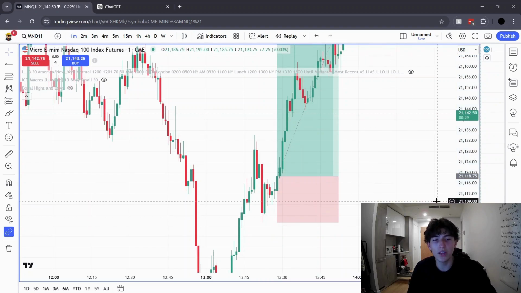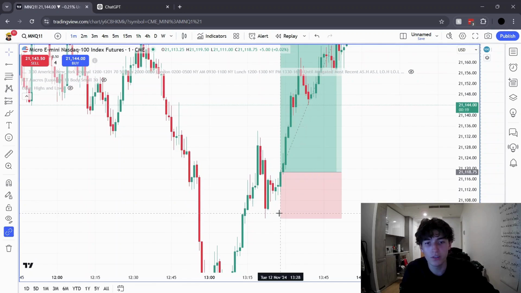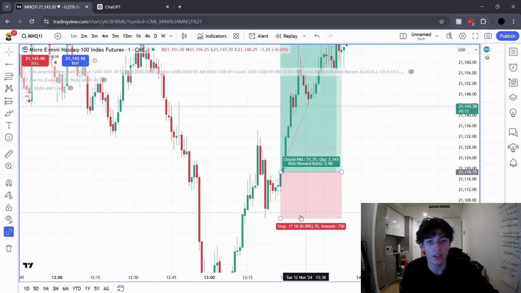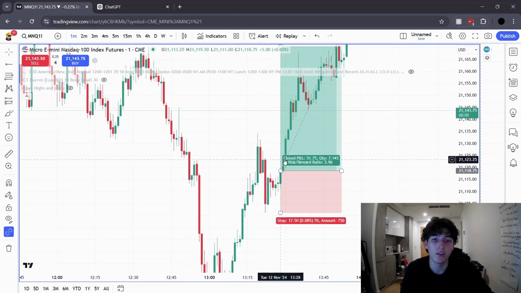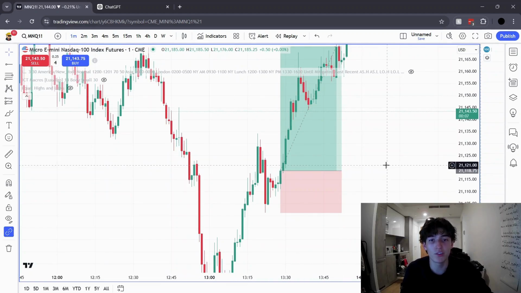But I'm just saying that as an example of how you can use liquidity and internal highs and lows as points where you could set stop losses and take profits. So why would you want to set your stop down here? Well, let's say you're wrong about the bias and you think it's bullish, but it's actually bearish.